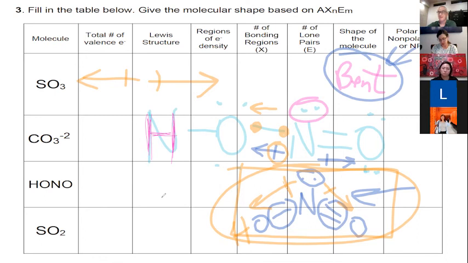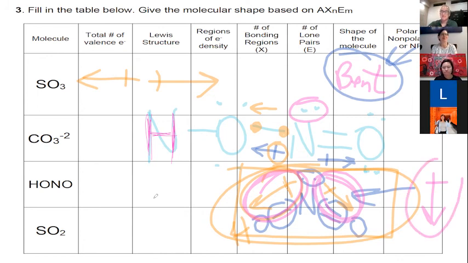Makes it polar, right? This bond dipole here and this bond dipole there, when we add those together, we get one that's pointing away from the nitrogen and toward the two oxygens. That means we have a net dipole for the whole molecule. That means it is polar.